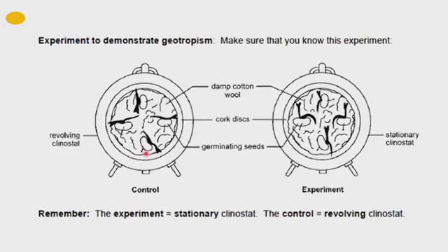But then this is a classic one for exams, where you're also asked about little germinating seeds and their coleoptiles, their shoots and their roots coming out, and having a rotating or non-rotating Clinostat. So the same thing applies. If I've pinned these little seeds to a piece of cotton wool and I've put them on a Clinostat that has been tilted, so it's on its side now, a control setup would be the Clinostat that's rotating.